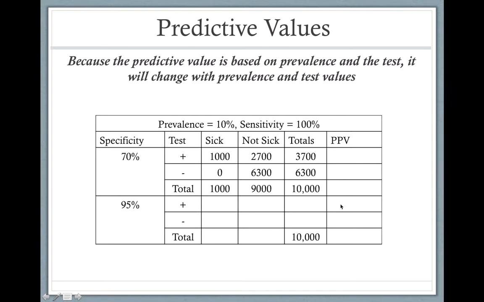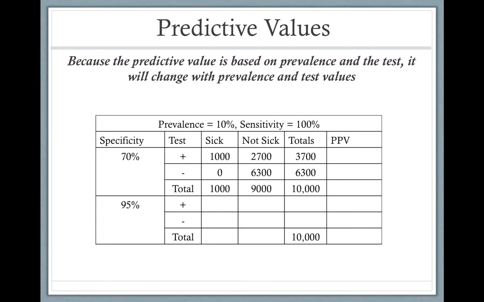If you do look in your book on page 105, or if you fill in the table based on the specificities, you'll see that as the specificity goes up to 95%, the predictive value also goes up to 69%.